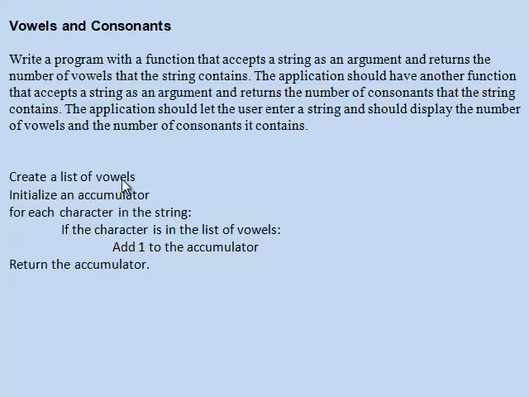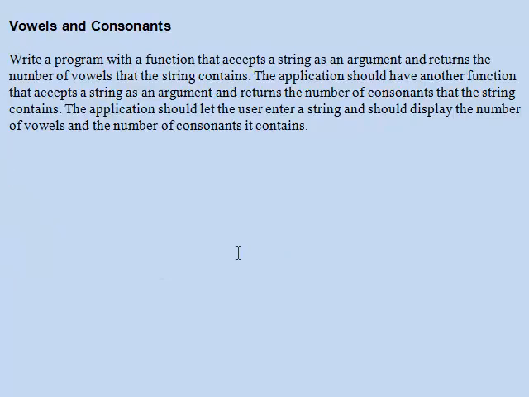I'm going to take a different approach. In fact, I'm just going to delete this and we're going to start our pseudocode all over again. Now, in the function that counts consonants, first we will create a list of vowels. Yes, a list of vowels, not consonants. Because there's only a few vowels, and typing those vowels in, that's not a big deal.